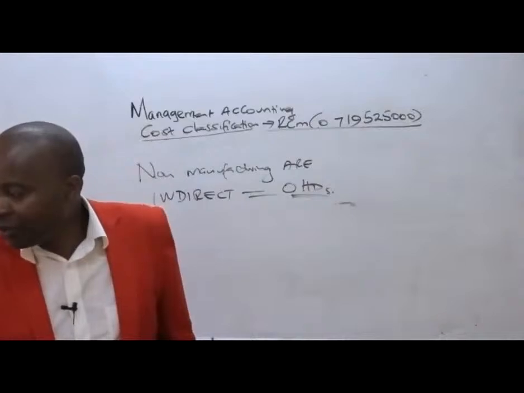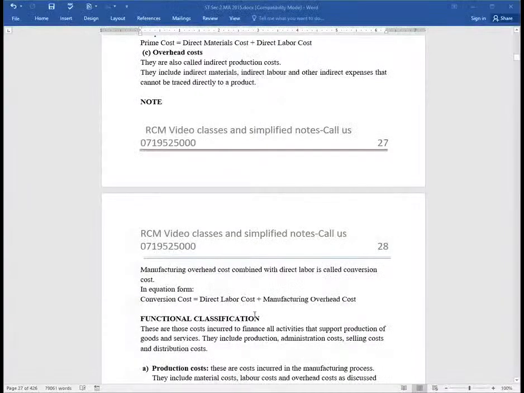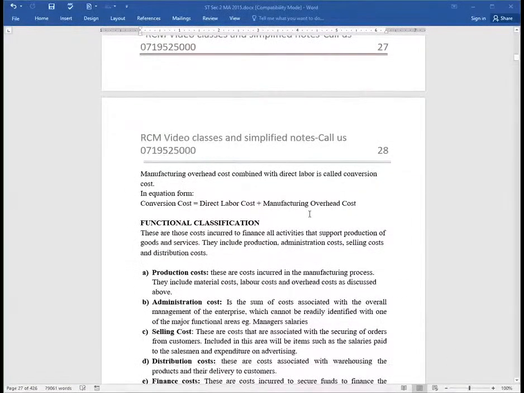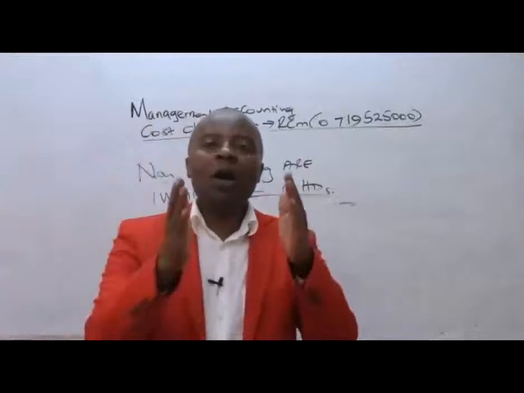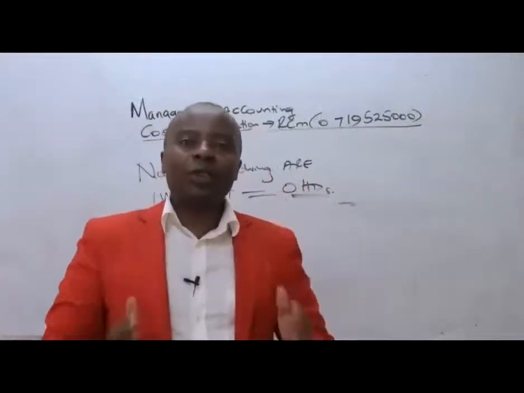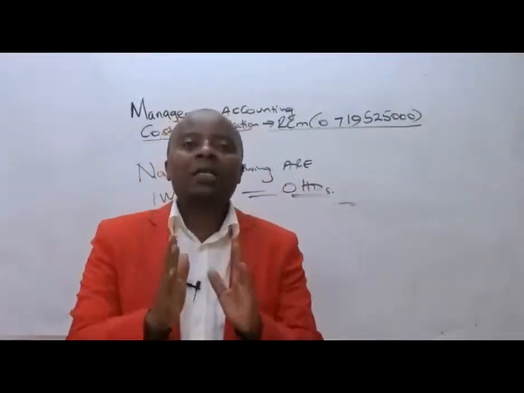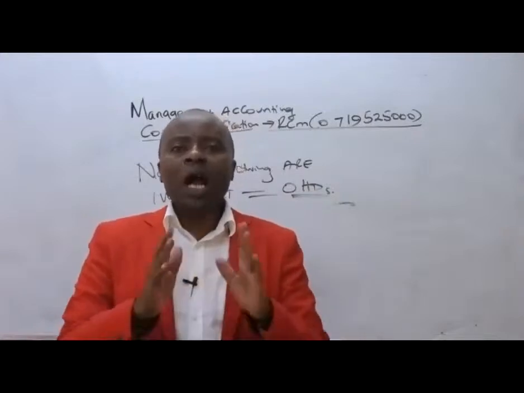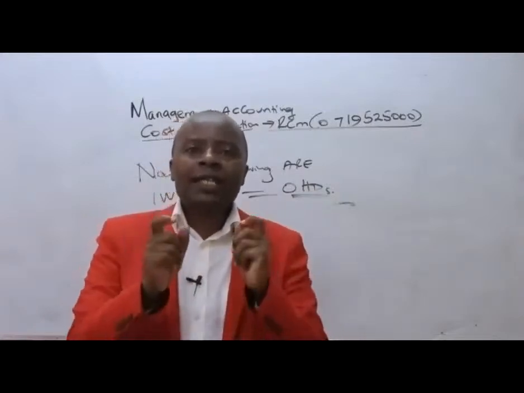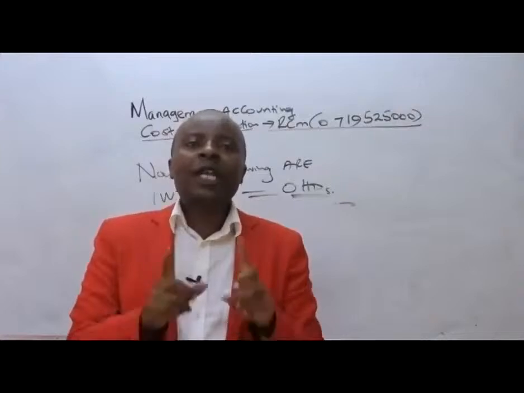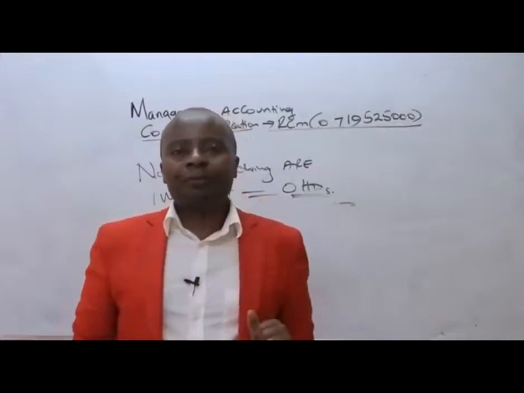Now from there, we go to another classification, which is the functional classification. Under functional classification, we shall be classifying our costs in accordance to the various activities or functions that a company does.